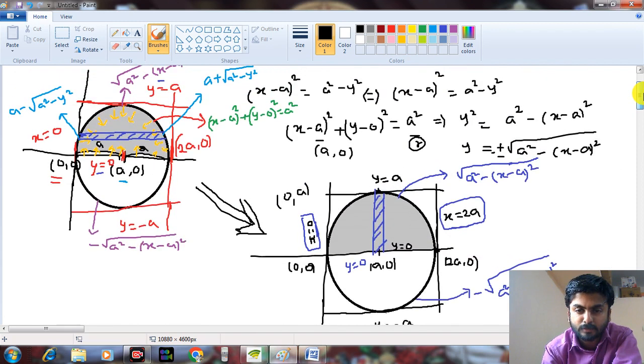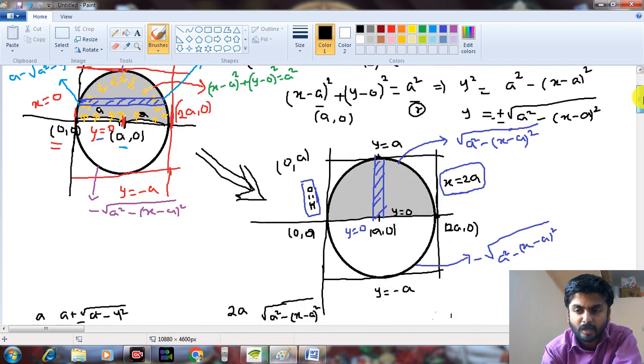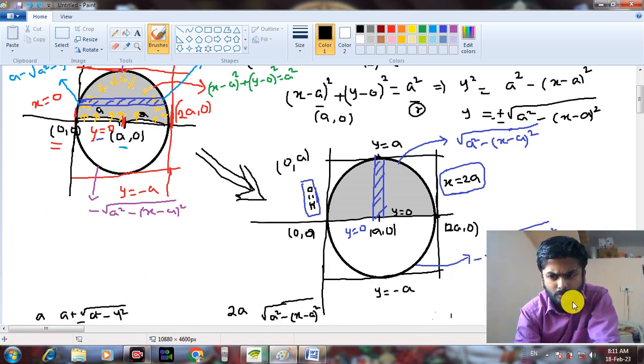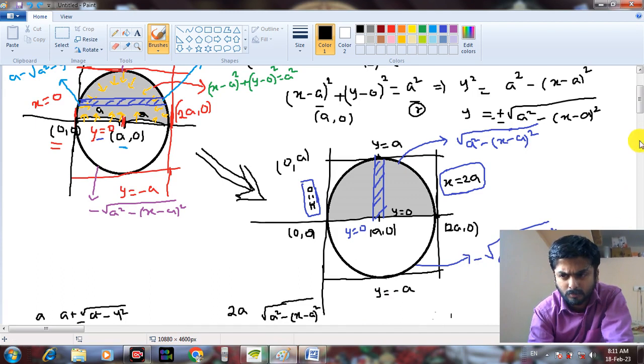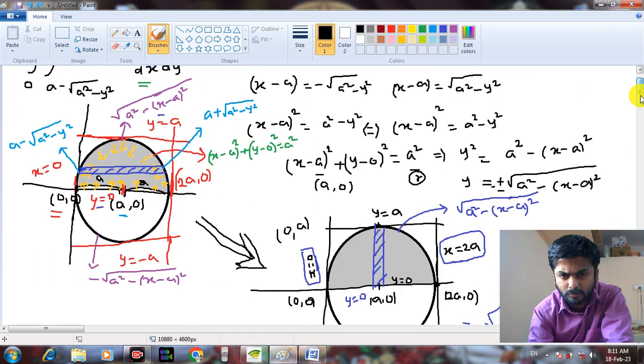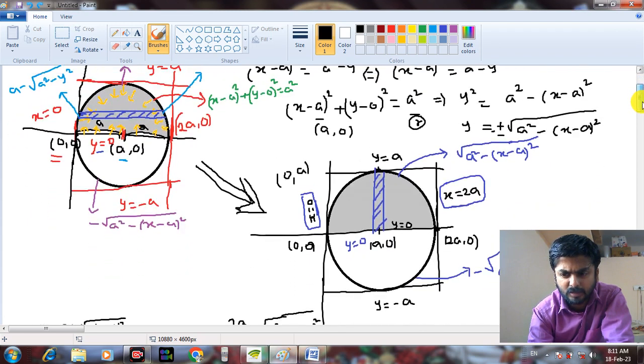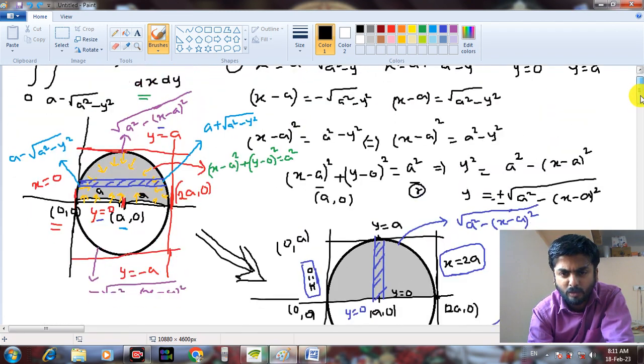For limits of circles, we have shown how to solve the problem. So this is the way we find the limits.